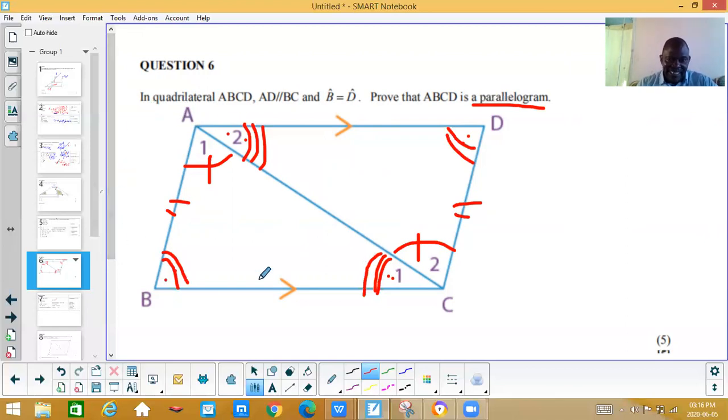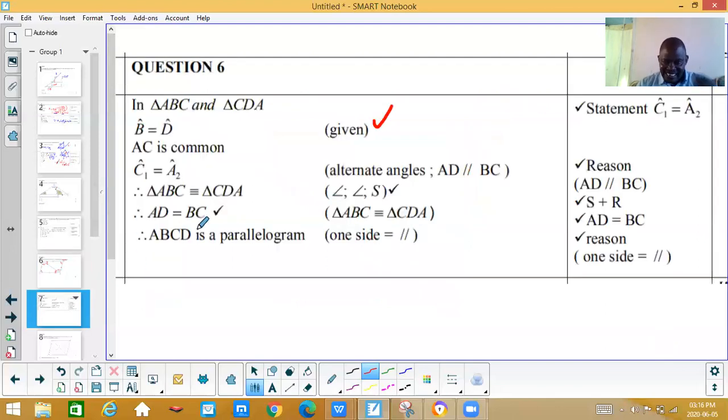So AB and DC are equal. The reason you're saying AD is equal to BC is that triangle ABC is congruent to triangle CDA.